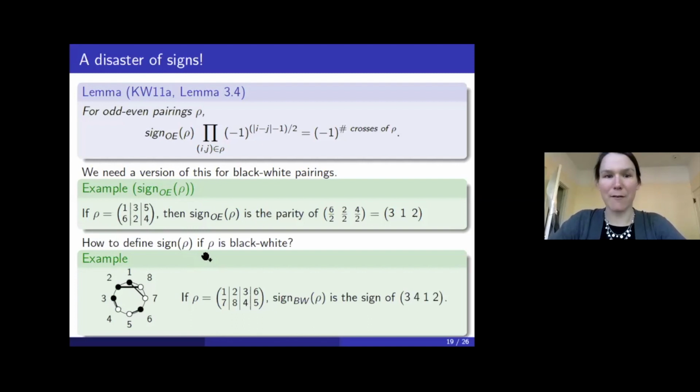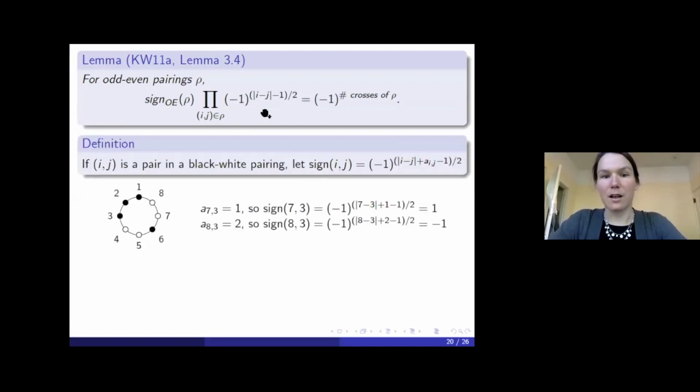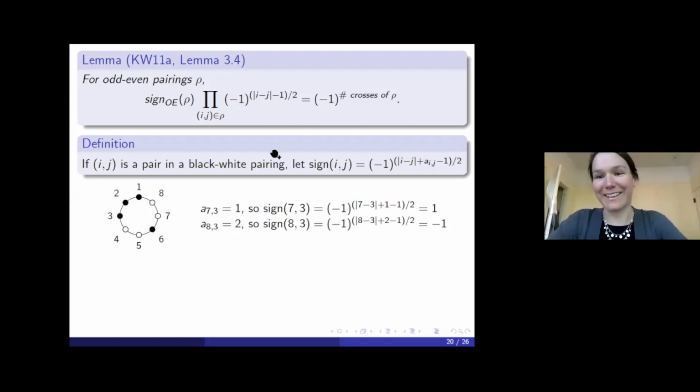The thing I had more trouble with was this other part of their lemma. If you have a pair in an odd-even pairing, this exponent is always going to be an integer, but if it's a black-white pairing, it won't. For a really long time it wasn't obvious to me what to replace this with. Oh, I see, the disaster was in the generalization. Yes, that's what I meant.